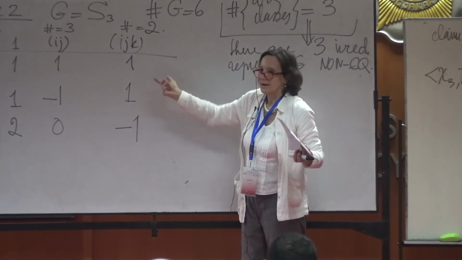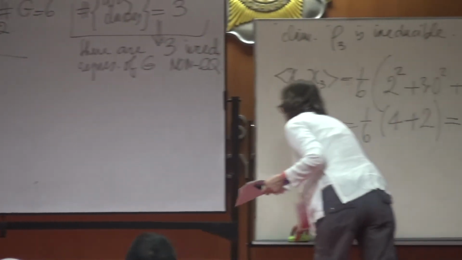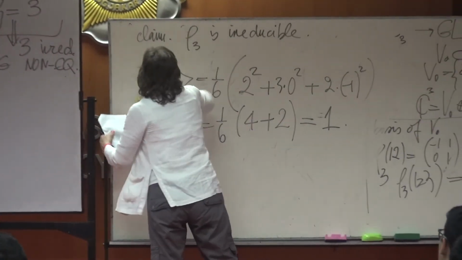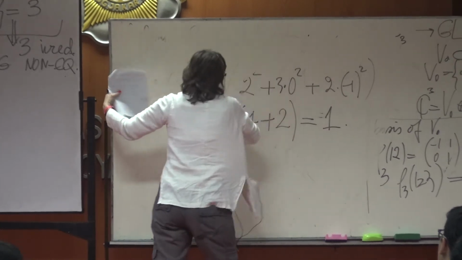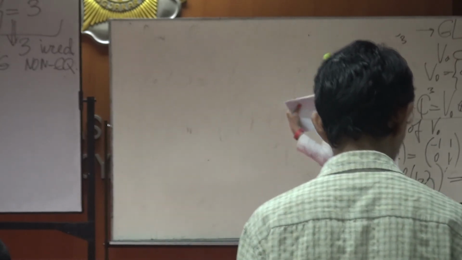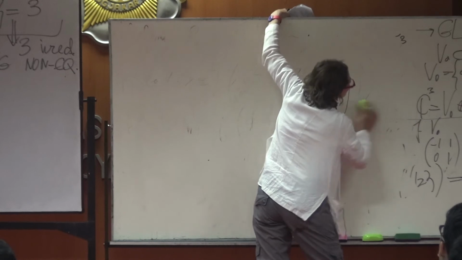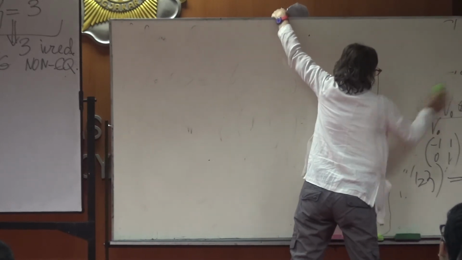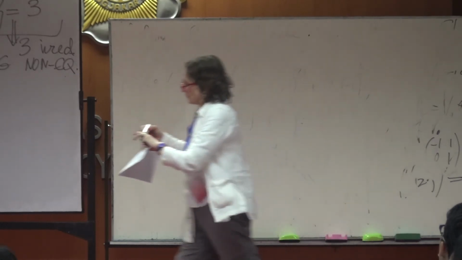For instance, let's check that these two are orthogonal for this norm. Or actually, let's do Xi1 and Xi2, for example. That is less obvious, that they are non-equivalent.